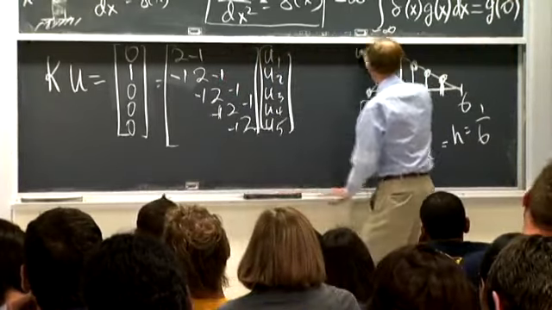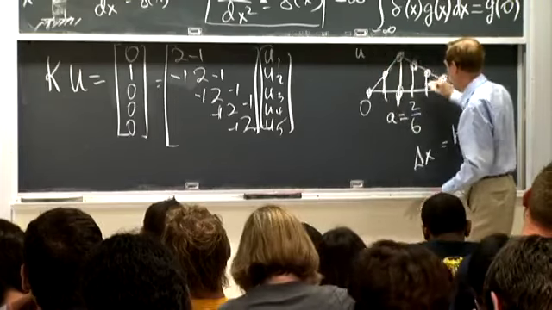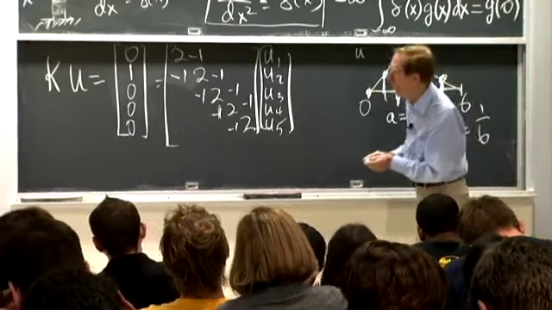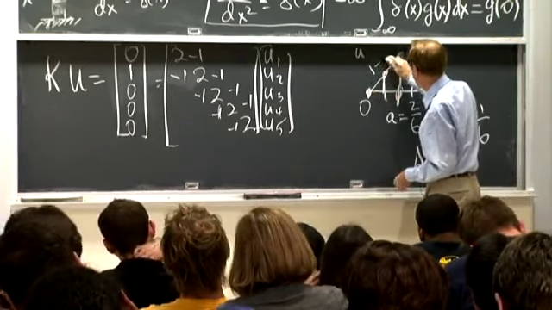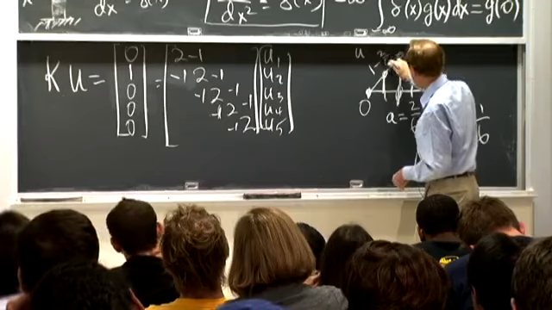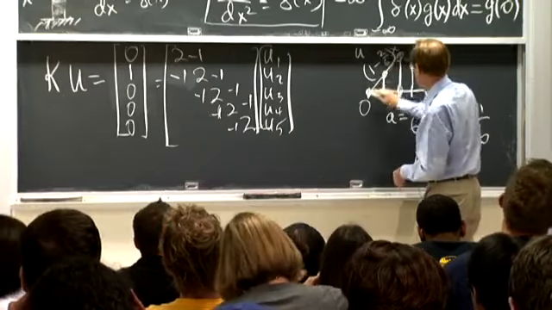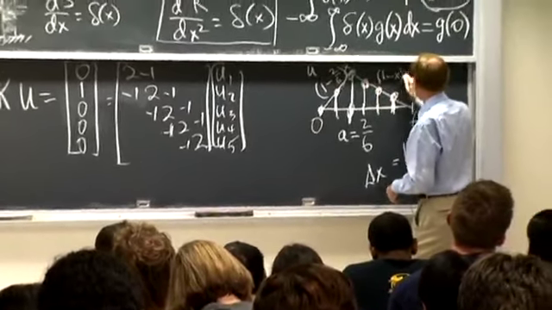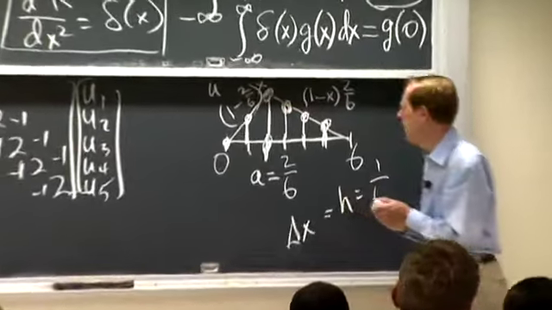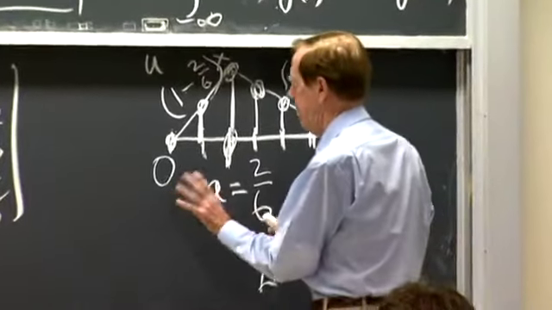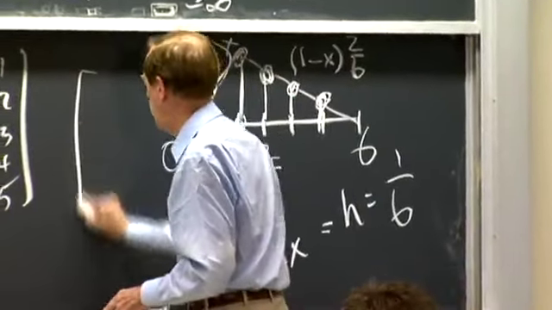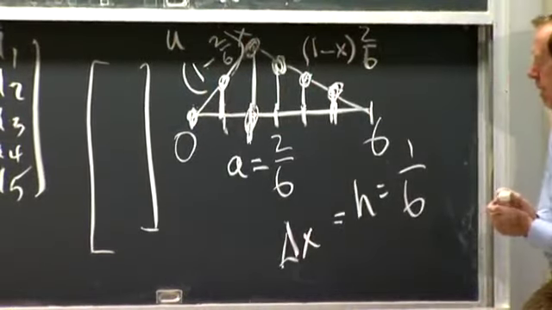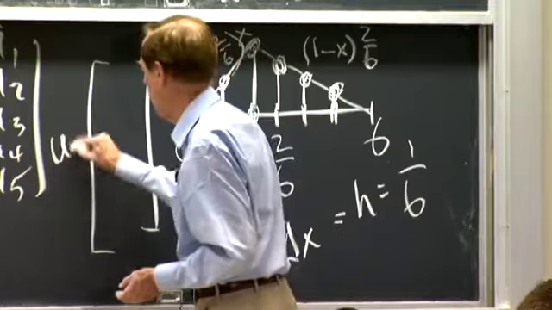This was a picture of u: u1, 2, 3, 4, and 5. And now I think it lies right on that, so it's going to be 1 minus 2/6 of x going up, and 1 minus x times 2/6 going down. This is u then.